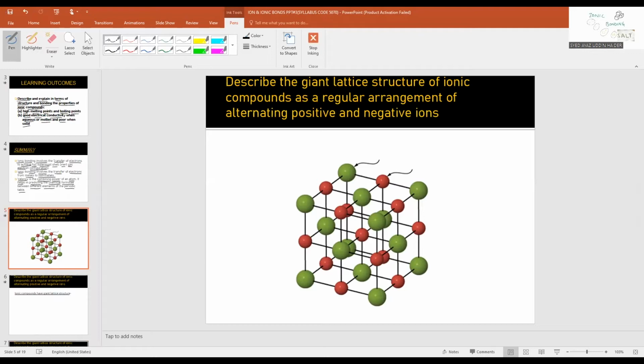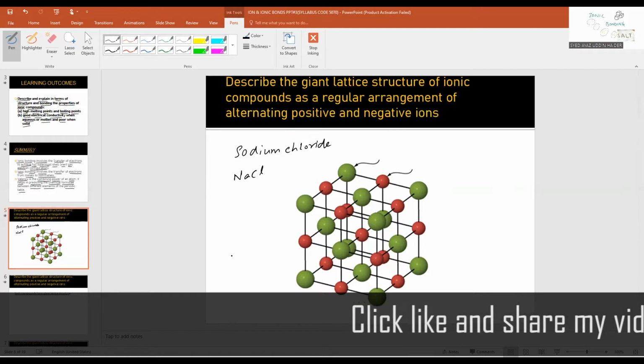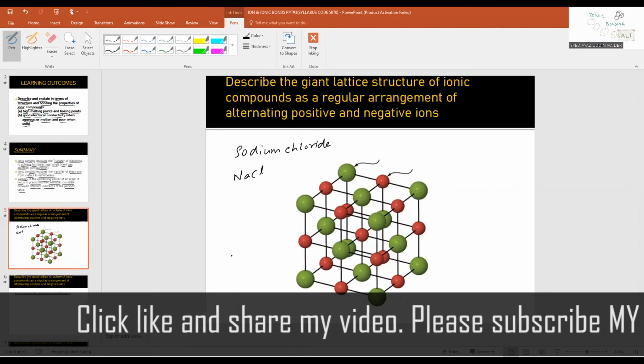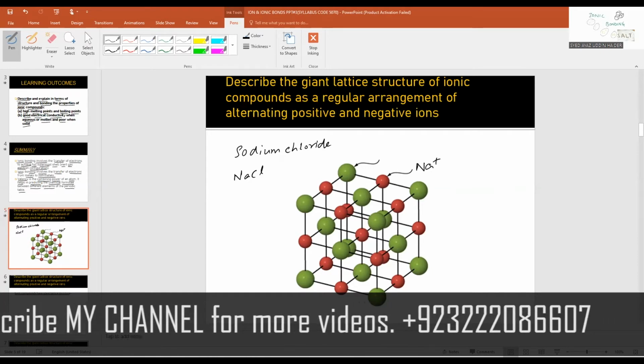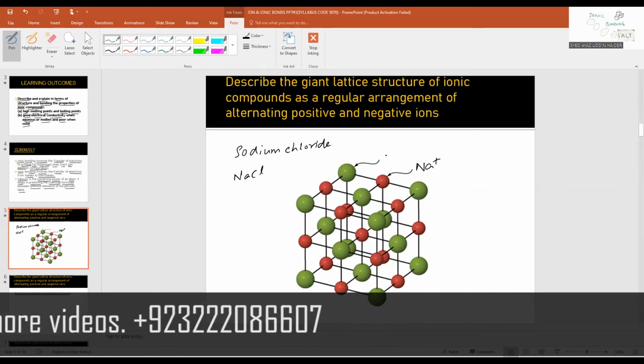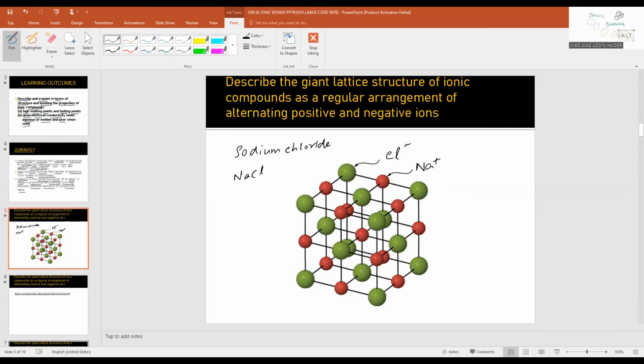This is the structure of an ionic compound like sodium chloride. Here is the formula of sodium chloride. Small red balls represent sodium ions. These are Na plus ions, and the large green balls represent chloride ions.